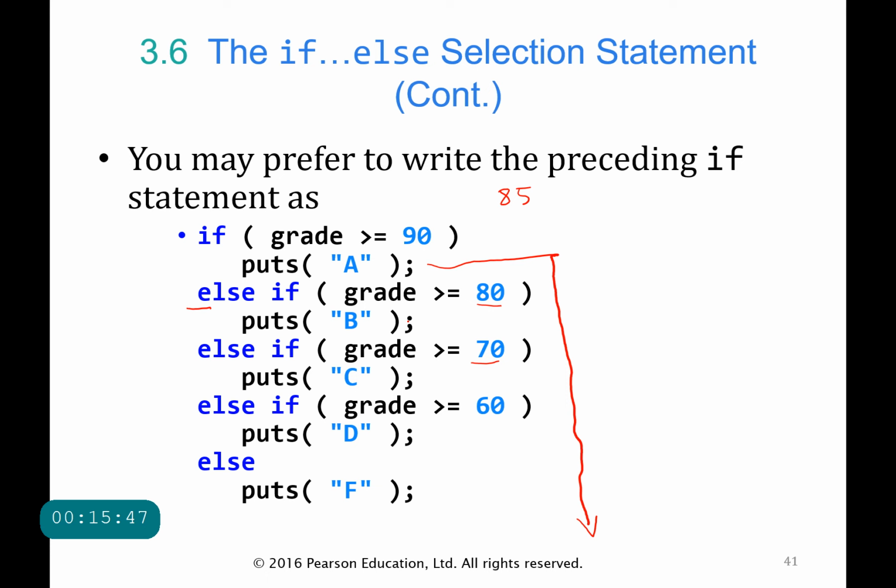So you go in here, you print B, and then you come out of it and you don't check any other conditions. Similarly, if it's something like maybe 75, you will come in here, you will print C, and then you will exit and come down here.